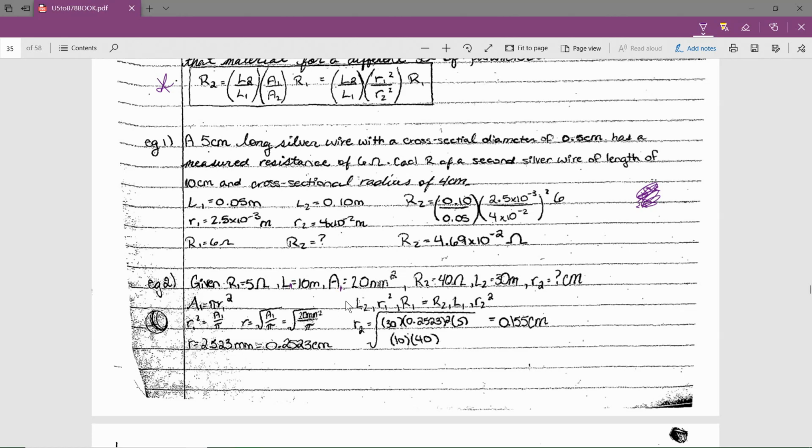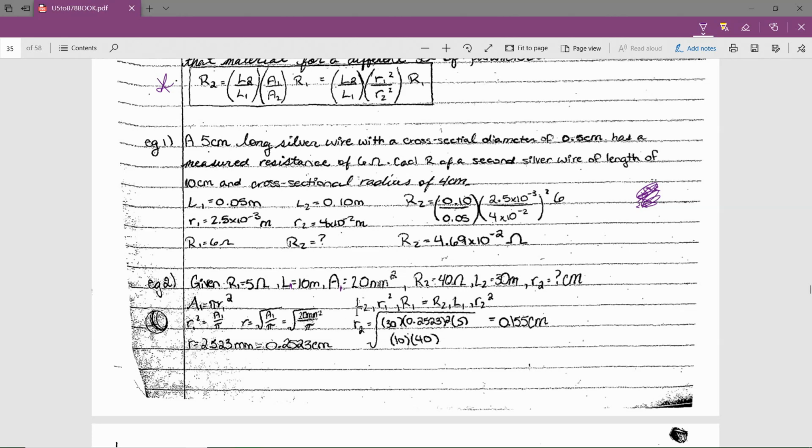We've got A1 is 20 millimeters squared, so r1 is the square root of A1 over pi, 2.523 millimeters, 0.2523 centimeters. Yeah, divide by 10. I could go to meters, but I don't have to because all the other units will cancel.